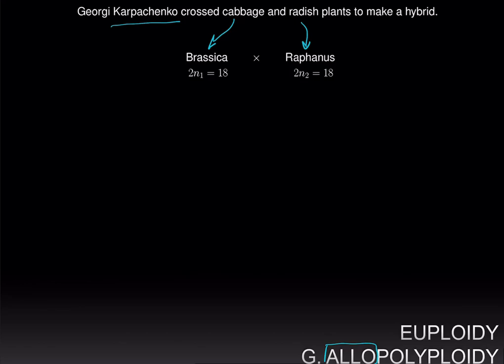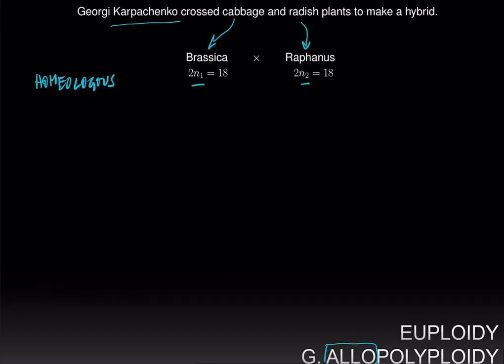Now, both Brassica and Raphanus have a haploid number of 9, and they're both diploid species. However, the chromosomes between Brassica and Raphanus are called homologous, which means they are similar but not exactly the same.